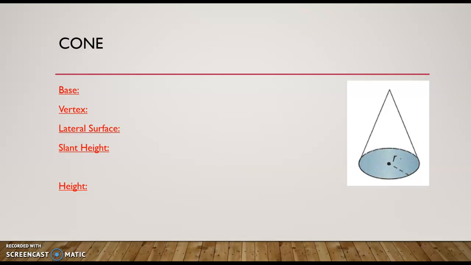Alright, so parts of a cone. You have the base, which again, in this case, is a circle. You have a vertex, that's this right here. Kind of like that vertex to an angle. This is the point furthest from the base.